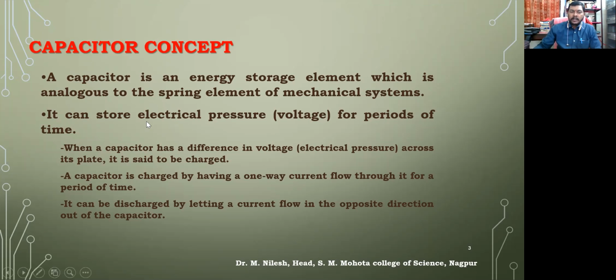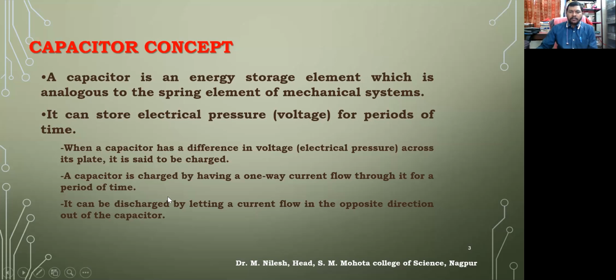When a capacitor has a difference in voltage, electrical pressure across its plates, it is said to be charged. As I told you, when we compress a spring like this, this is a pressure that we have built, and that is called a charge, right? And when we release it, it is called a discharge.